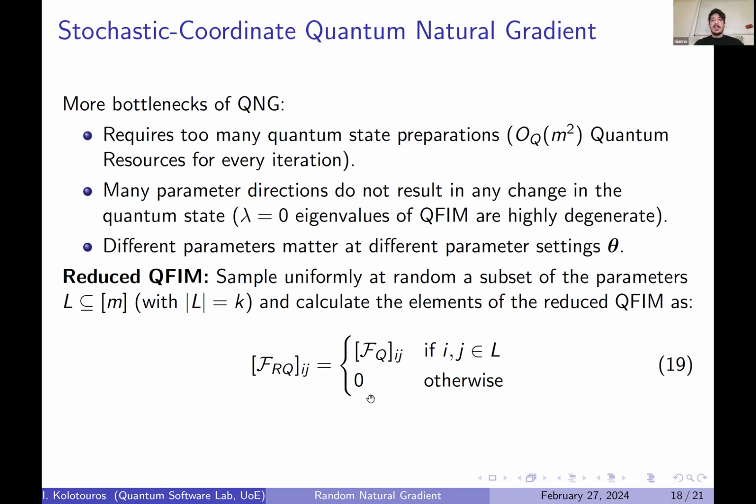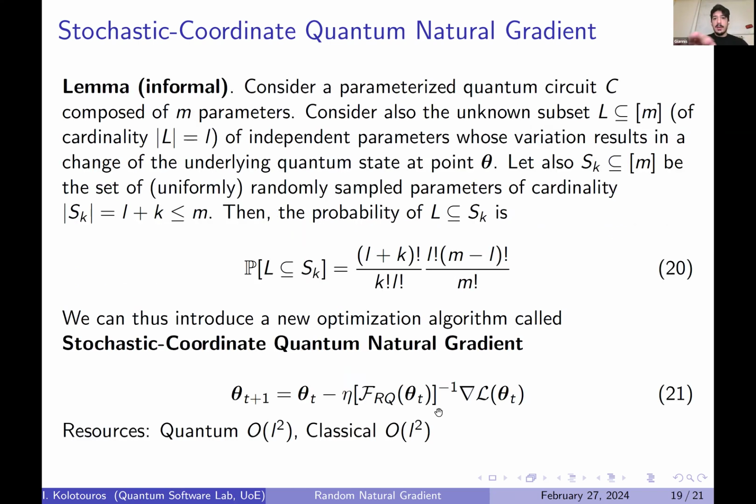We defined the reduced quantum Fisher information matrix so that the element ij is the element ij of the quantum Fisher information if both the indices i and j are in the subset that you want to optimize. If not, then the value is 0.